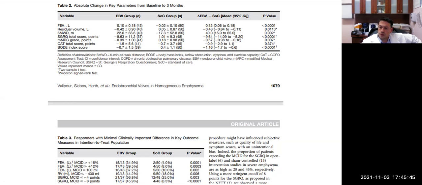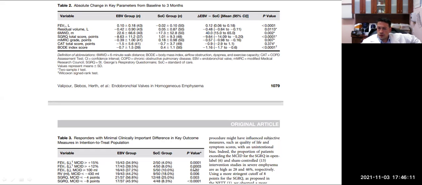Okay, so similar to the Liberate trial. You have statistically significant improvement in residual volume reduction, 6-minute walk test. So 40 meters, okay, identical to the Liberate trial. SGRQ went down by 9 points. So that's pretty impressive. And then the other things are over here as well. So these were statistically significant.